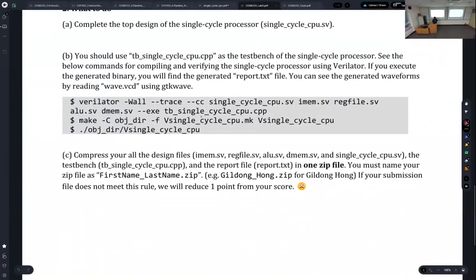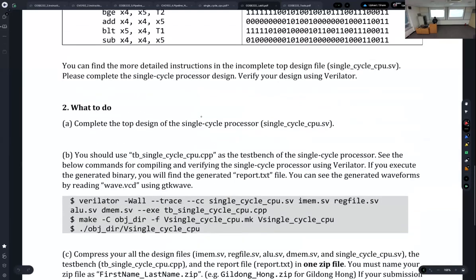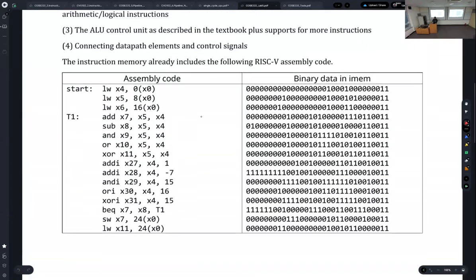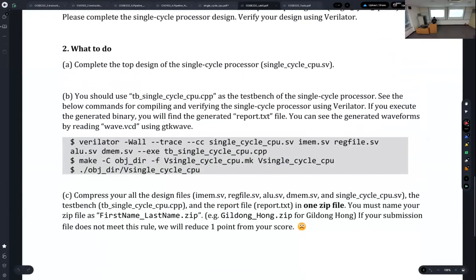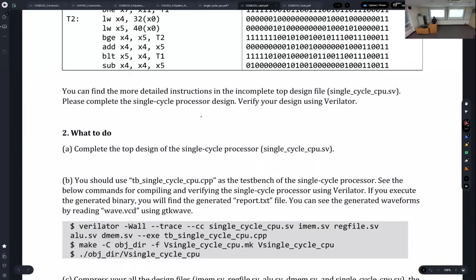If you run the test bench, the single cycle processor will read instructions from this instruction memory, and then execute these instructions. The description in the lab document is very simple. Any question? I hope everyone can complete this single cycle processor design.